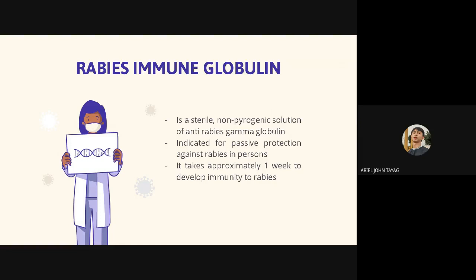Rabies immune globulin is a sterile non-pyrogenic solution of anti-rabies gamma globulin, concentrated by cold alcohol fractionation from plasma of donors hyperimmunized with rabies vaccines. It takes approximately 1 week to develop immunity to rabies.